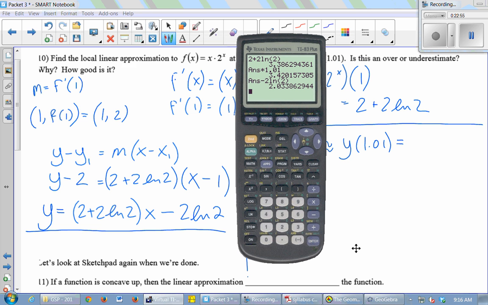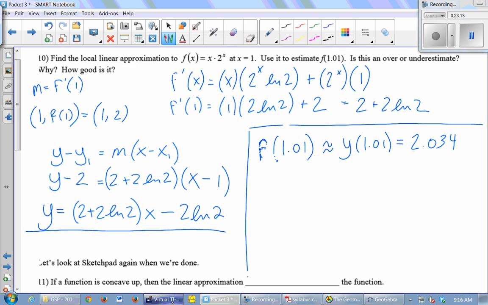So 2.033, 2.034. All right, so there's my approximation for f of 1.01.